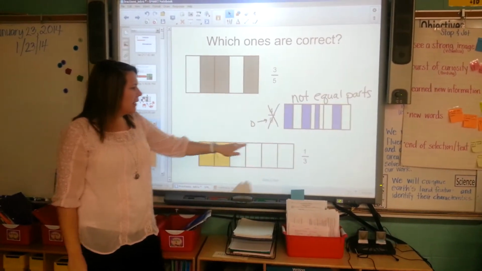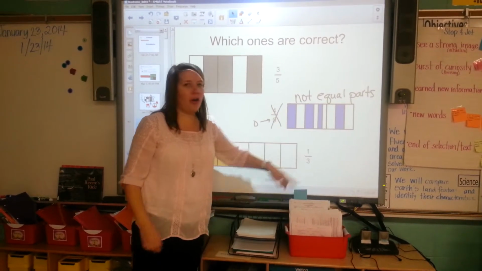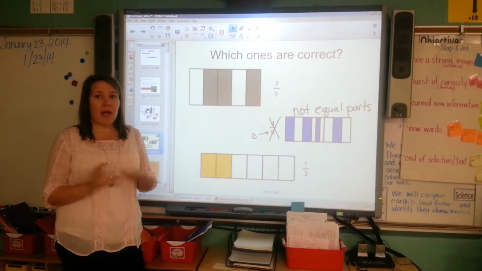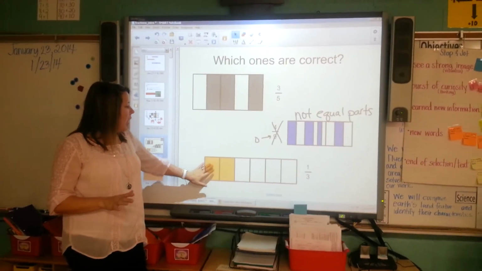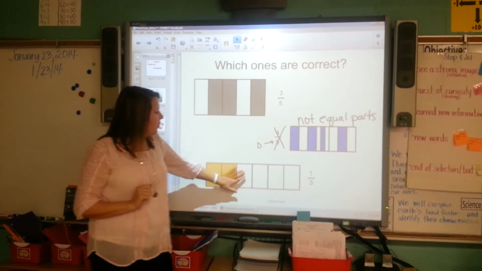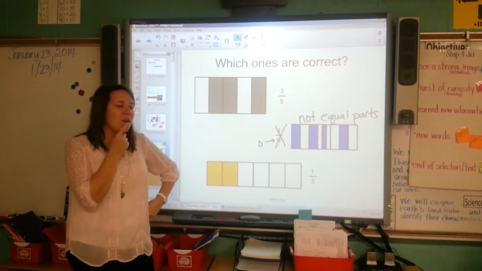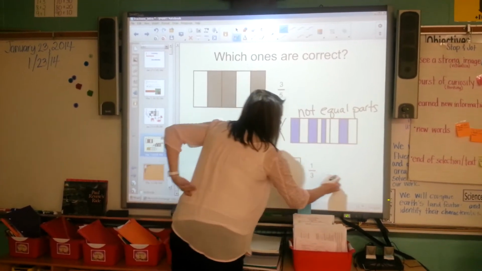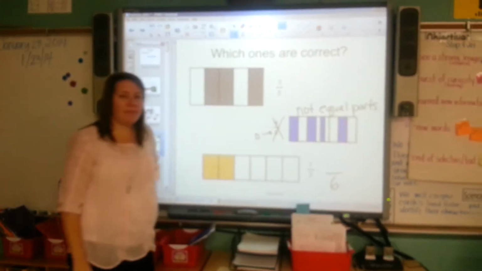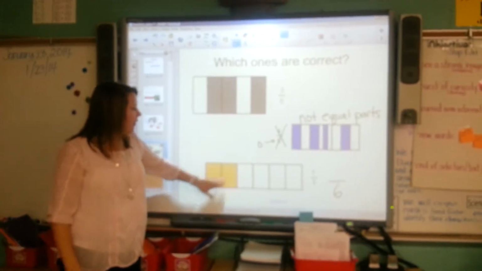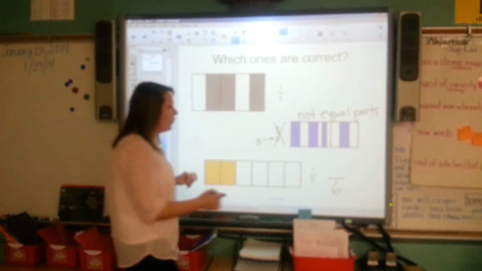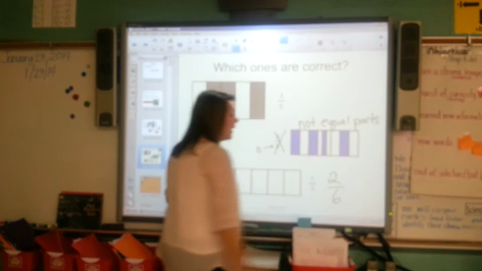Ooh, let's see. This says 1/3. Now, let's talk about this one. Let's see how many parts there are. 1, 2, 3, 4, 5, 6. So I know that my denominator is 6. How many parts do we have colored in for the numerator? Yeah, we have 2. 2/6.